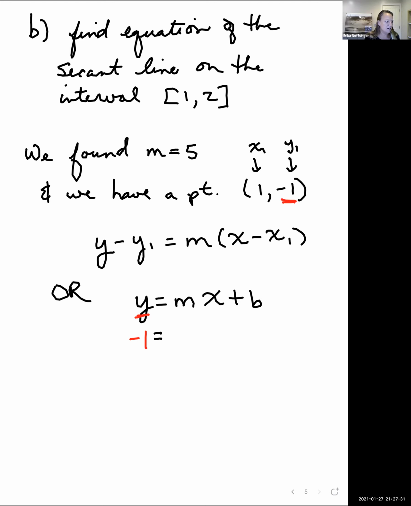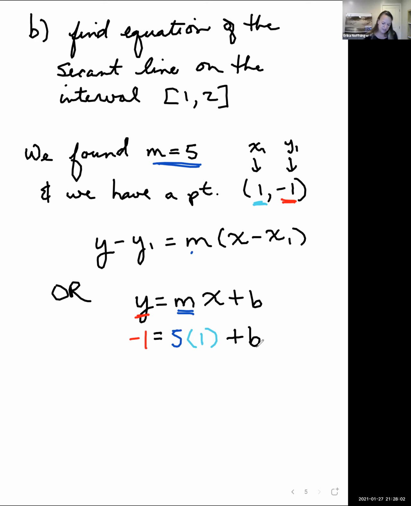Looking up there, our slope was 5, times x. Looking at my x value, it is 1, plus b. Now if I figure out what my y-intercept is, I know what my equation is.